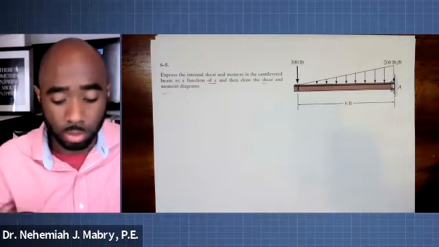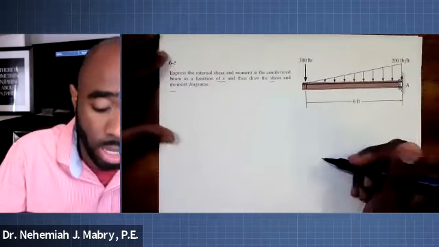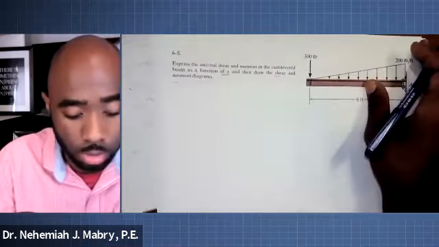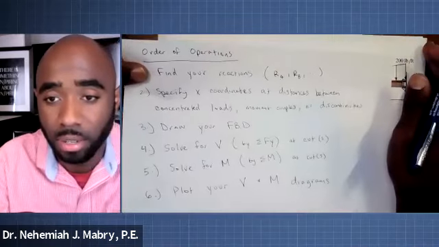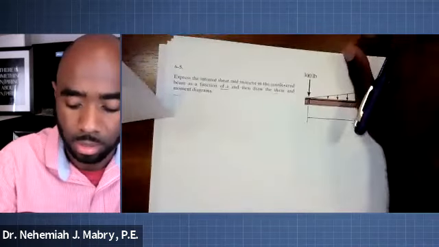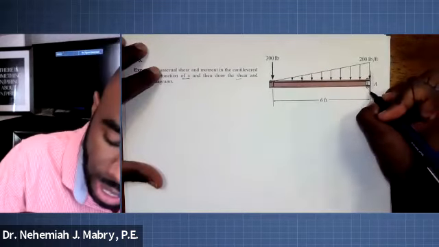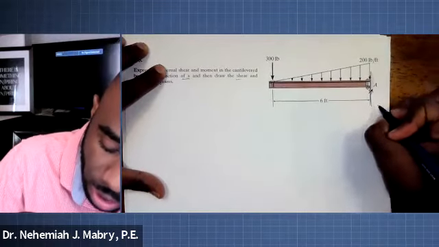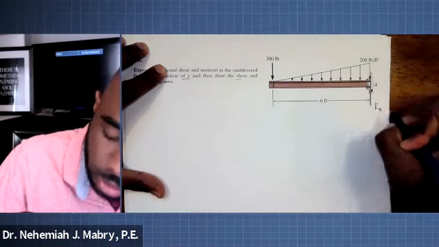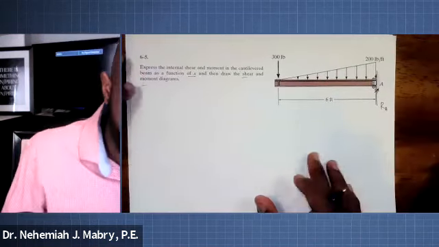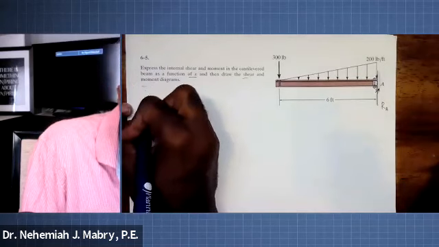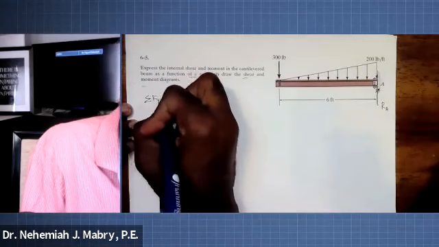Well, let's go back to our order of operations. What was our order of operations? Number 1, we need to find your reactions. Right now we only have one reaction because it's only fixed on the side. So this reaction is RA. Let's sum the forces for the entire structure in the Y direction.